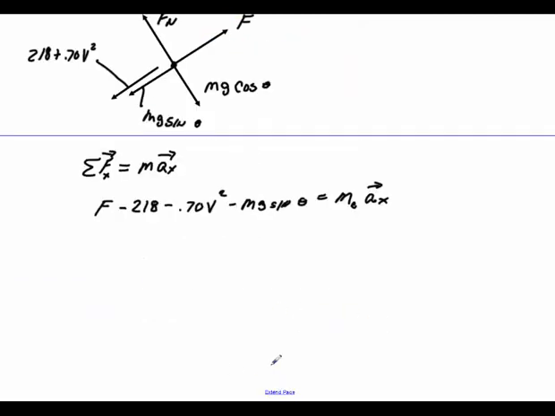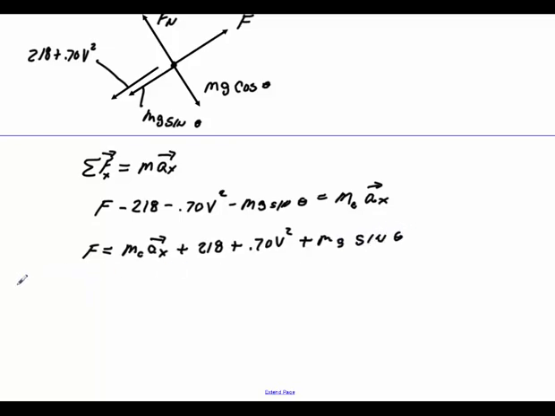Okay, so what I want to do here is solve for F. So we could say that F is going to equal the mass of the car times acceleration in the x direction plus 218 plus 0.70 v squared plus mg sine theta.